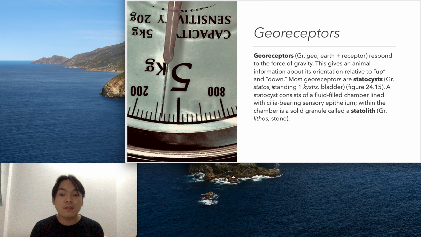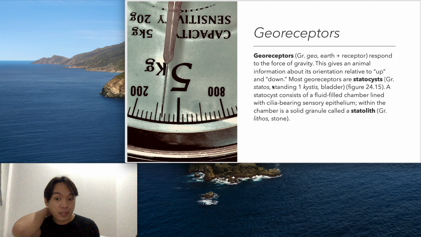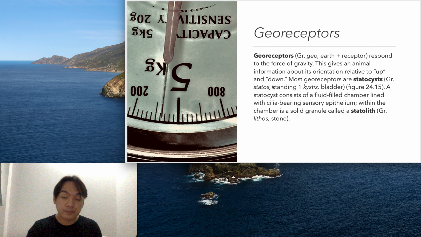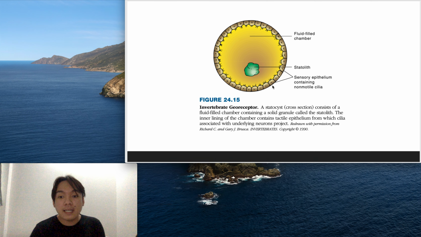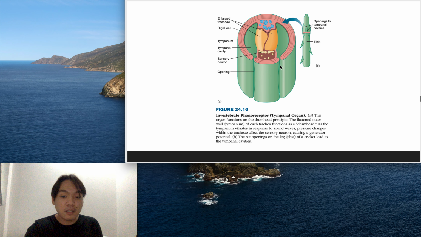These are cilia-bearing sensory epithelium within a chamber containing a solid granule called the statolith. A statocyst cross-section consists of a fluid-filled chamber and a solid granule called the statolith. The sensory epithelium contains non-motile cilia which detect the movement of the statolith, maintaining balance.